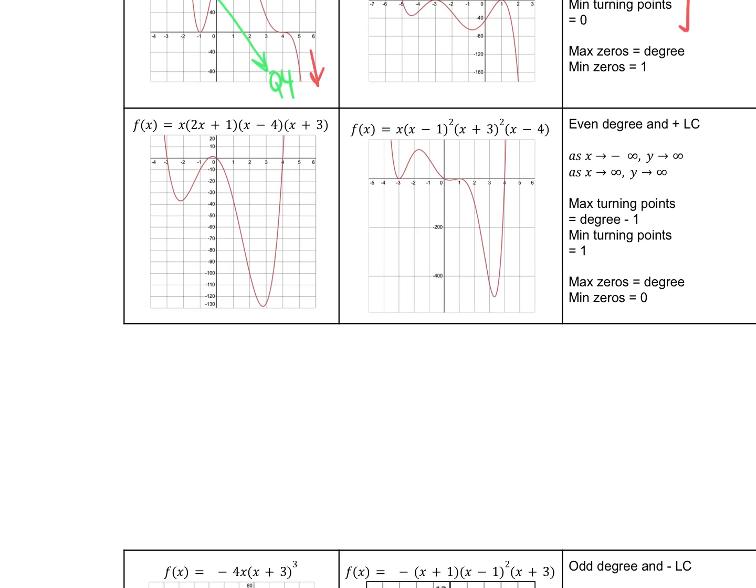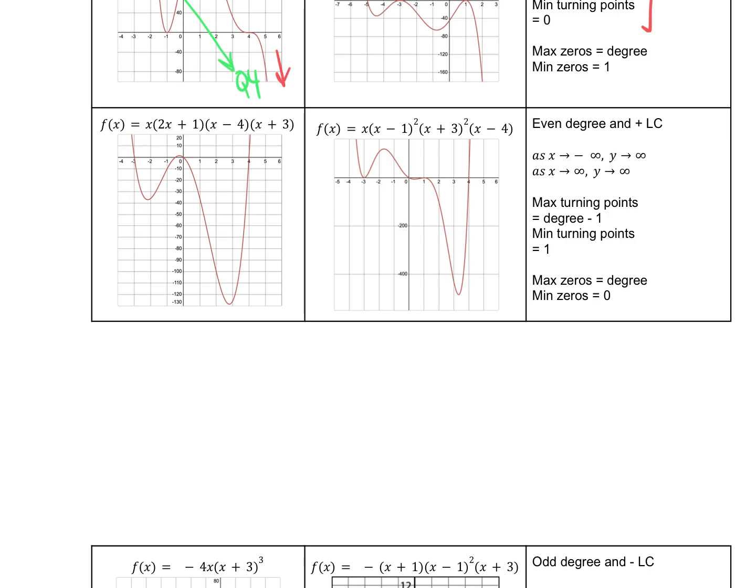Let's look at the even degree, and we're going to start with a positive leading coefficient. First of all, we should see that the end behaviors both go upwards to infinity. So as x approaches positive or negative infinity, y approaches infinity. In terms of the turning points, let's see. I have 1, 2, 3, and my degree was 1, 2, 3, 4.